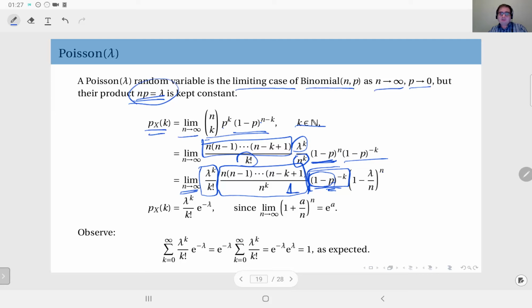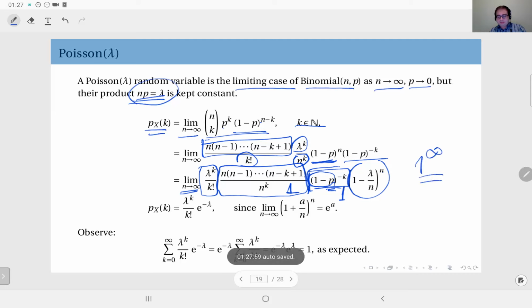And finally, this term here, 1 minus lambda over n to the power n. Now, this is a bit tricky, because lambda is constant, but n is going to infinity, so 1 minus lambda over n is going to 1. But the power is also going to infinity, so it's the indeterminate form of 1 to the power infinity.